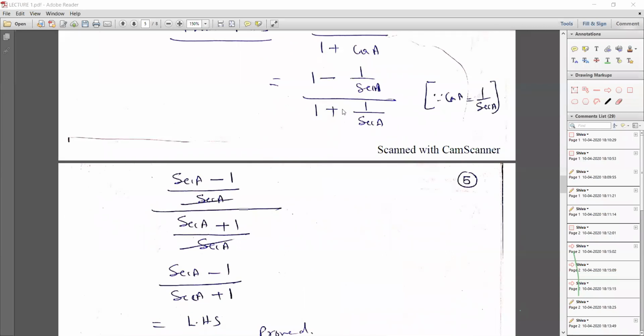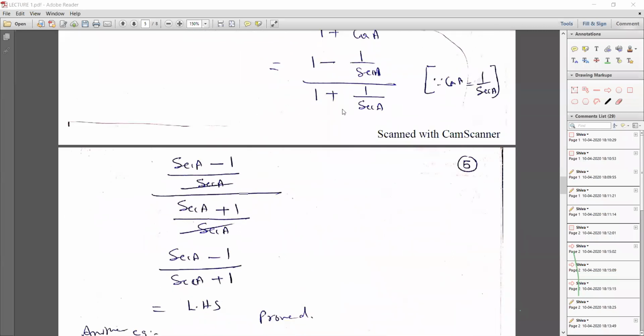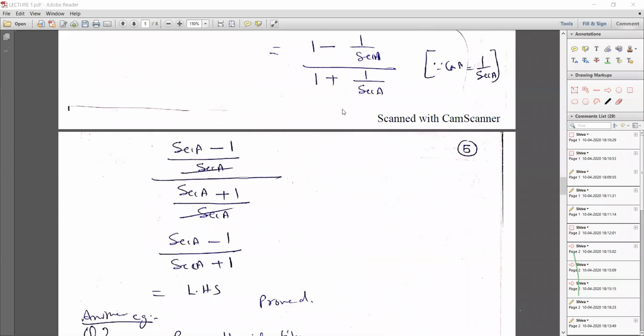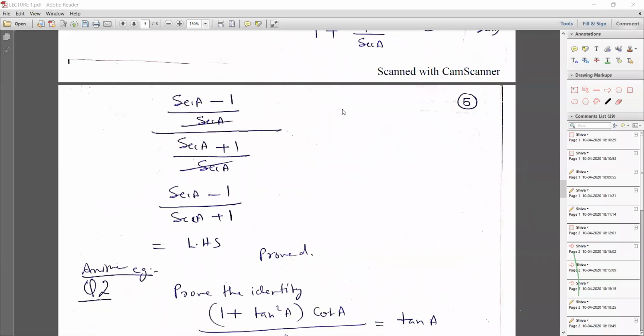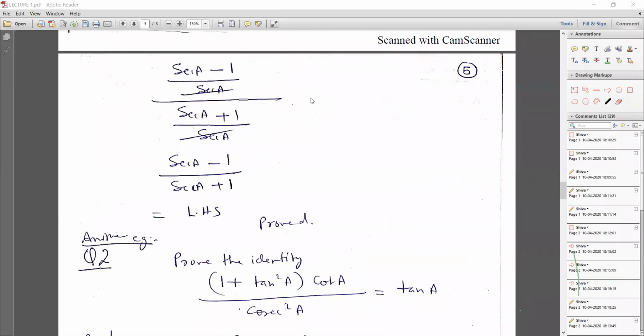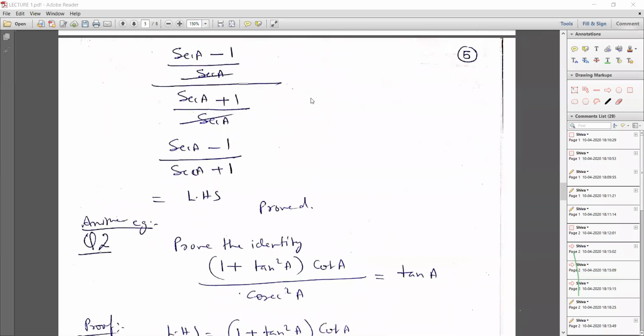That is sec a minus 1 upon sec a and sec a plus 1 upon sec a. Sec a and sec a are cancelled, and you will get the result as sec a minus 1 upon sec a plus 1, which was our left hand side. Okay. Are you able to understand?